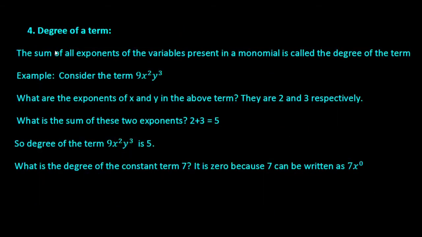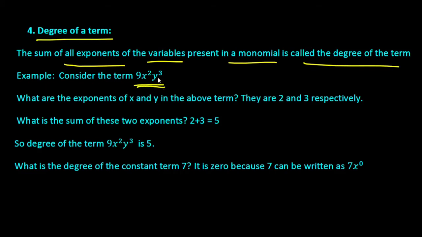Let us see what is a degree of a term. The sum of all exponents of variables present in a monomial or in a term is called the degree of the term. For example, let us take 9x square y cubed. Here we have two variables x and y. The exponent of x is 2 and the exponent of y is 3.